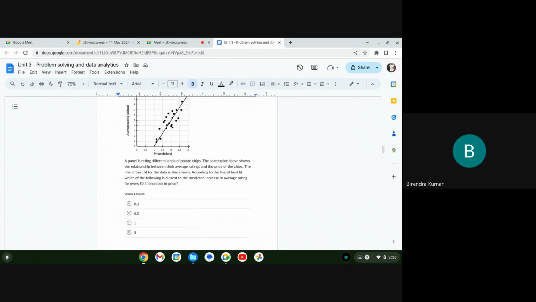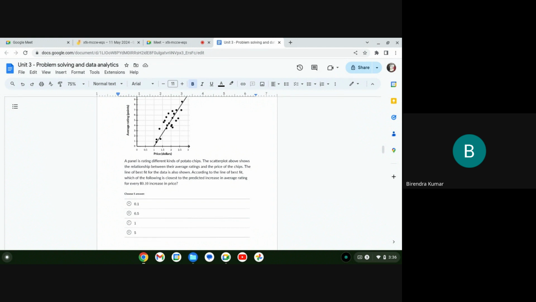No, it's saying, now you're getting there. It is asking you what is the predicted. Forget about the word closest. What is the predicted increase in rating for every 10 cents increase in price?